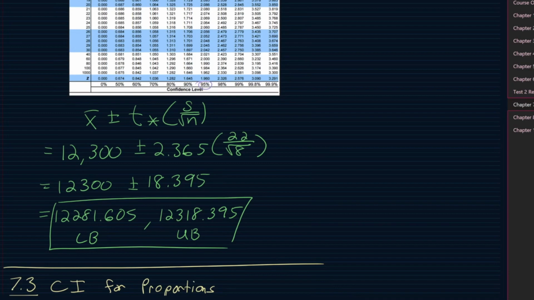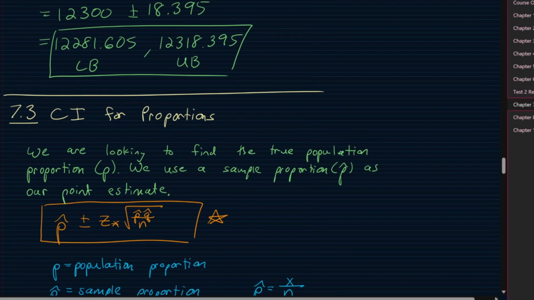Okay, and so we could also look at confidence interval for proportions. And that's when we're looking for the population proportion. We take some sample, and according to that sample, we make extrapolations about what we think would happen in the population. And we get a very similar formula.